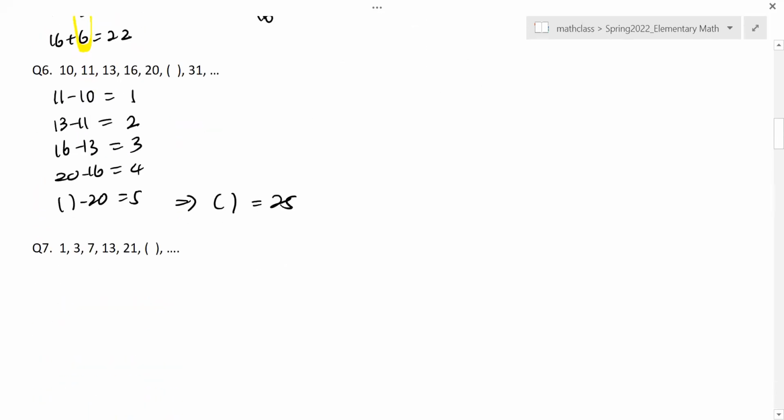All right, let's continue. So we have this sequence: 1, 3, 7, 13, 21. Think about that, and if you get answers, let me know.